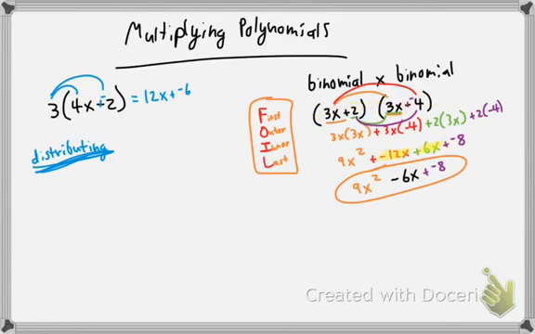So let's back up a little bit. All we did is we took the first number times each of the numbers over here and wrote down what we got. Then we took this number and multiplied it by each of the terms again on the right side, okay? You're just doing the distributive property in a sense 2 times and then combining your terms at the end, okay?